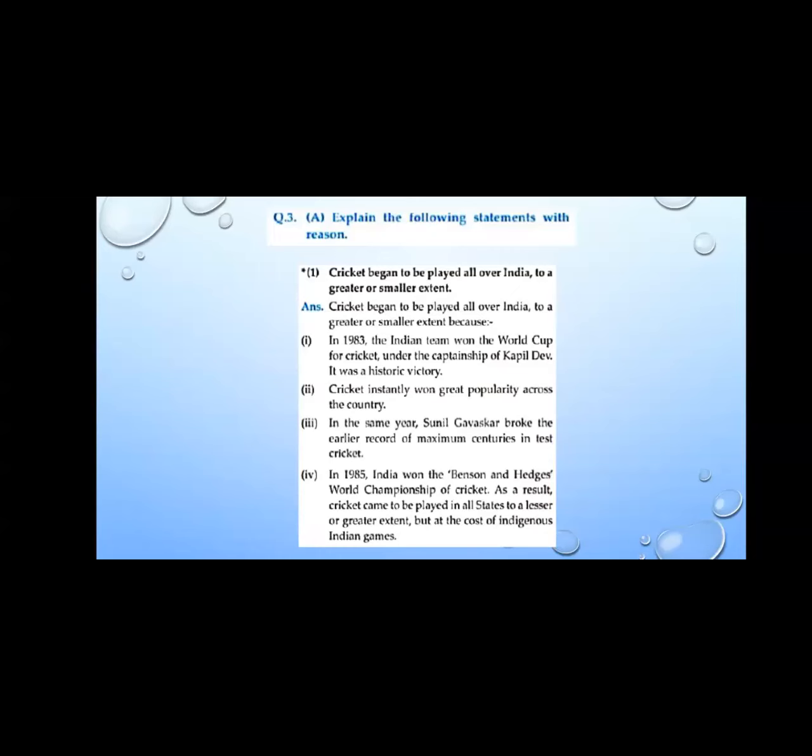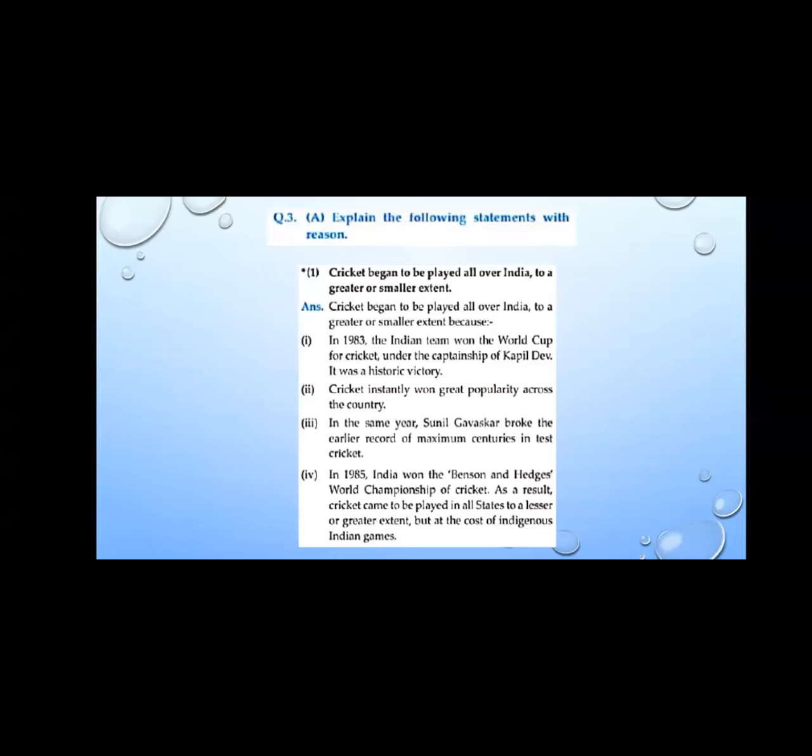So you will write: cricket began to be played all over India to a greater or smaller extent because, first, in 1983 the Indian team won the World Cup for cricket under the captaincy of Kapil Dev. So it was a historic victory. Second point, cricket instantly won great popularity across the country.